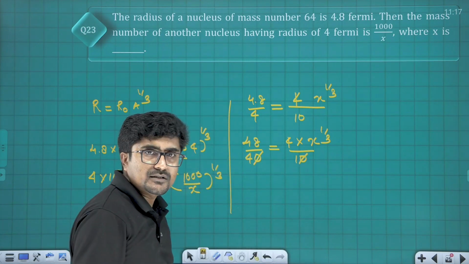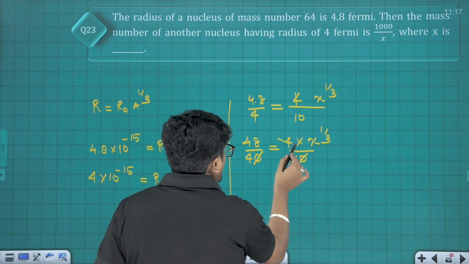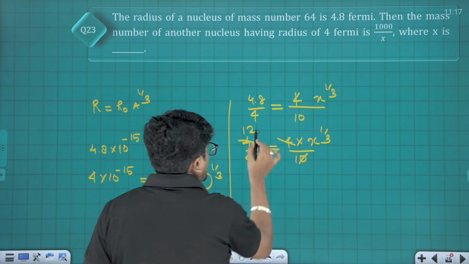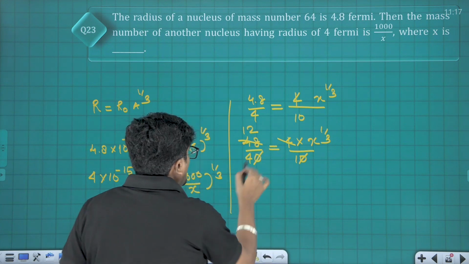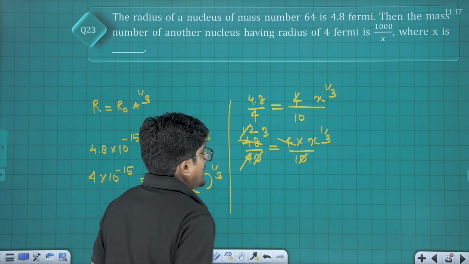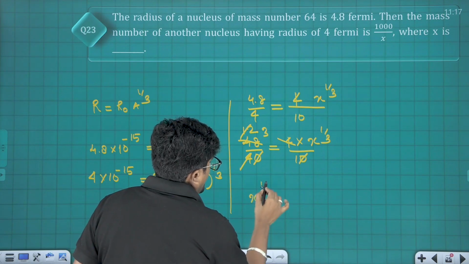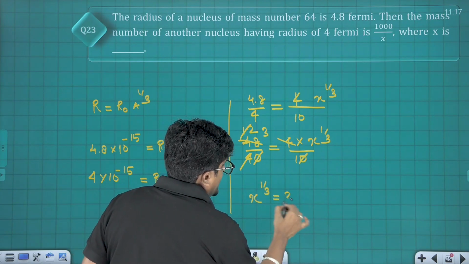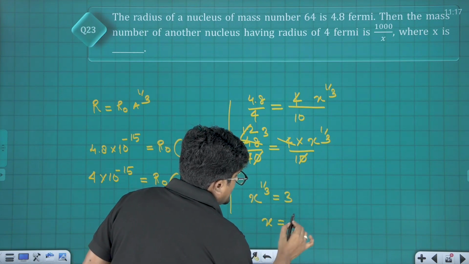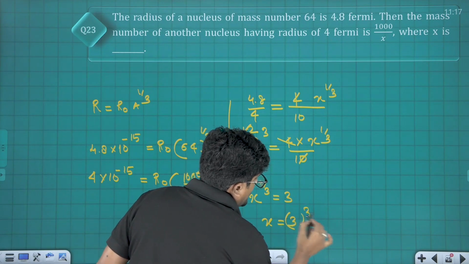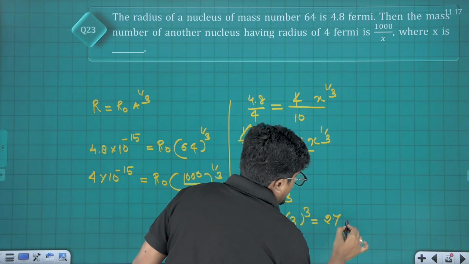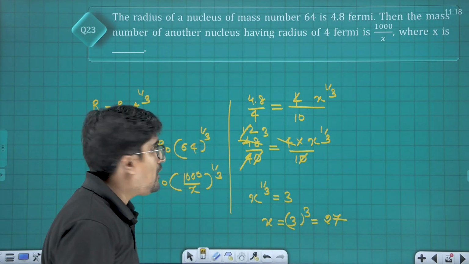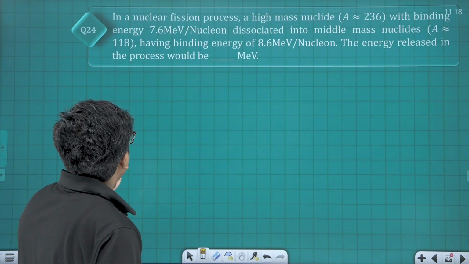Here this will cancel. Going for another cancellation, this is going to be 12, and another cancellation gives 3. So x to the power 1 by 3 is 3. Now the value of x is 3 cube, that is 27.